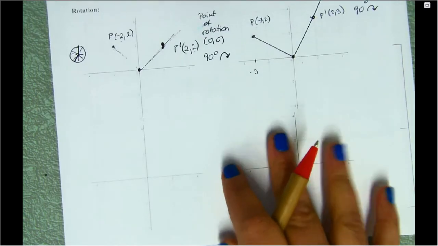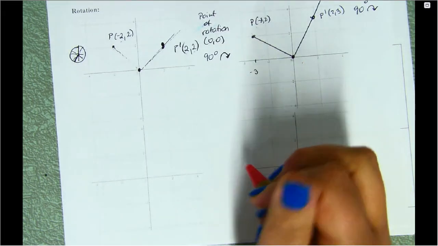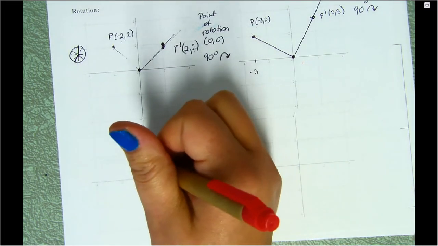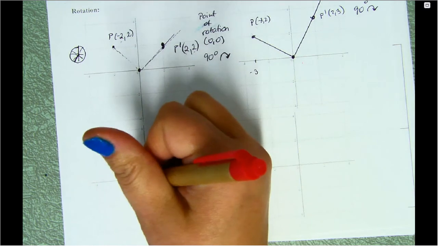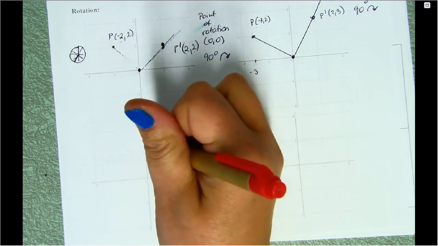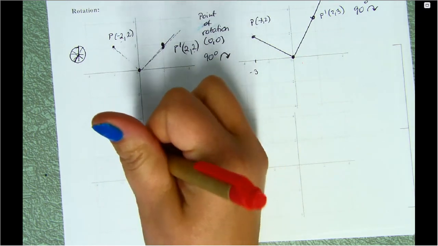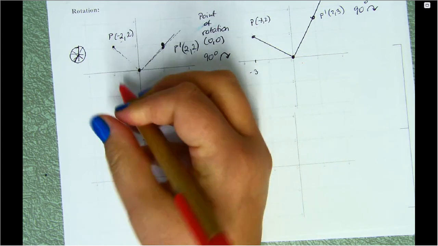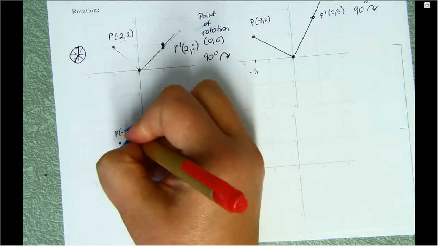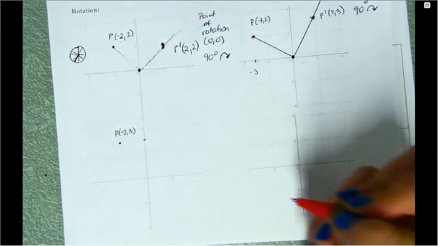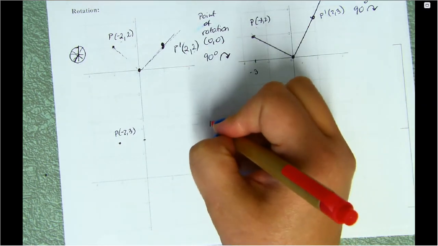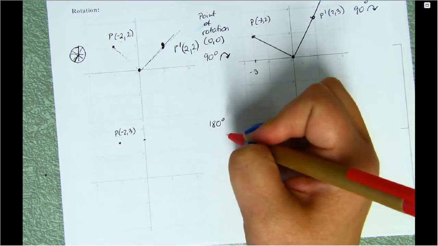Okay, so what do you do if your point is -2, 3, and I want to rotate it this time 180 degrees?